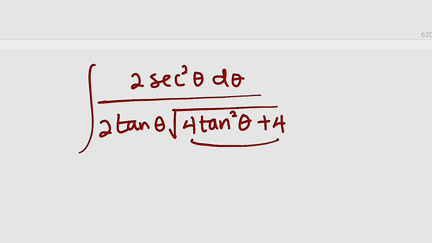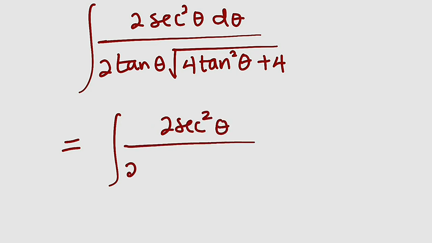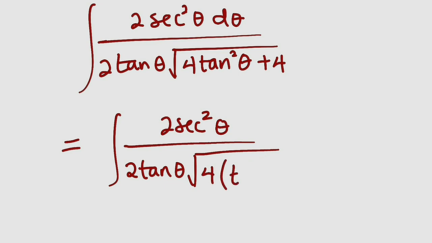We have 4 here in common, so let's factor 4. This is equal to the integral of 2 secant squared theta divided by 2 tan theta multiplied by the square root of 4 multiplied by tan squared theta plus 1, right? Then we have our d theta here.